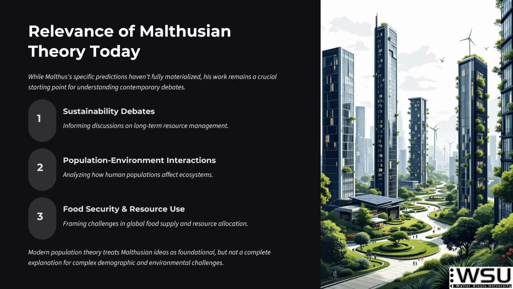So the Malthus theory allows us to have these different debates that we can engage in. So modern population theory treats Malthusian ideas as foundational, but not a complete explanation for difficult demographic and environmental challenges.